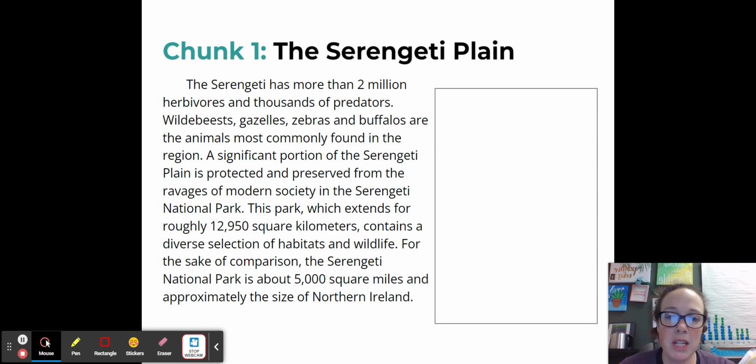So the main idea of this paragraph is that the Serengeti National Park is a large park with lots of diverse habitats and wildlife, and also millions of herbivores and thousands of predators.